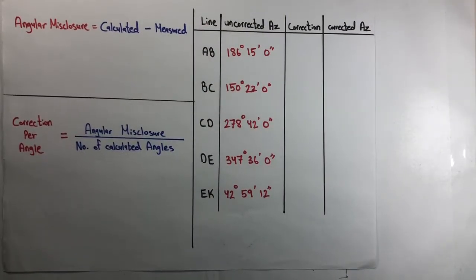Let's get started with step 2, find the angular misclosure and do the corrections. First of all, we have to find the angular misclosure, which is equal to the calculated azimuth of EK minus the measured or the benchmark given azimuth of EK.